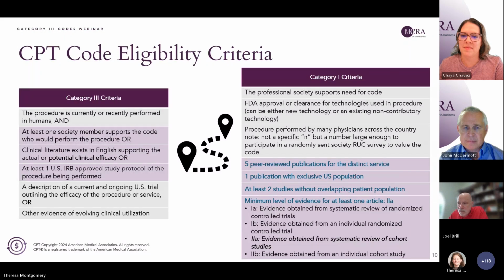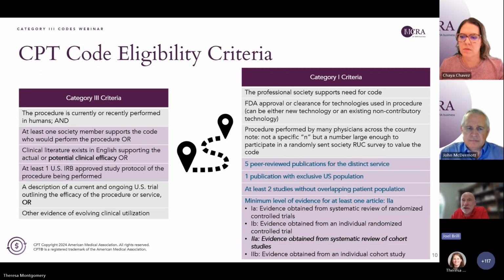So when a company is first starting to develop its strategy around speaking with the FDA, that's when they should also be thinking about their publication strategy. And when they're thinking about their publication strategy, they should start thinking about the planning as to what their CPT coding strategy will be.